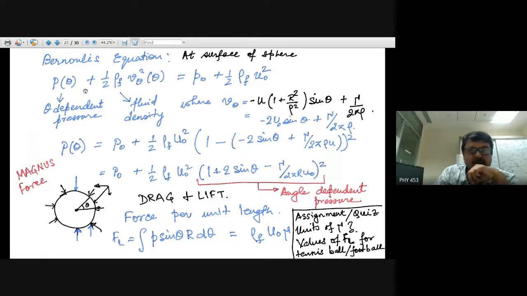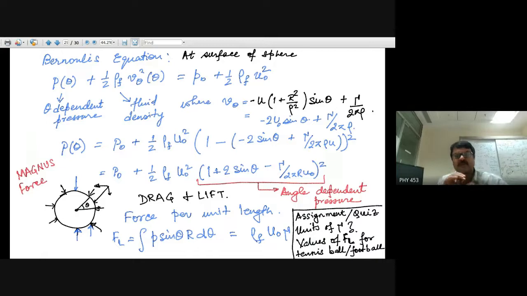So at theta, wherever there is more flow, the pressure has to be less, because of kinetic energy density, right? So when you integrate it, one has to just do it the right way, and basically you will see that there is a net force in the direction which is opposing the flow, and that is the so-called Magnus flow.